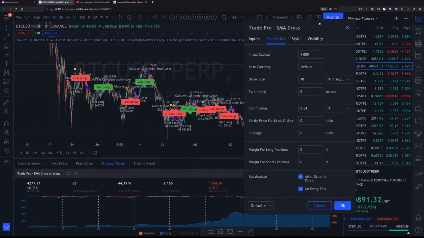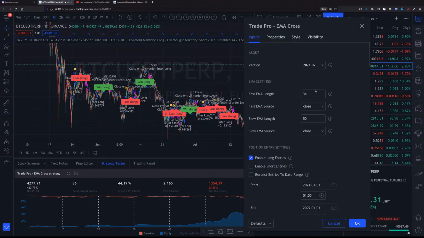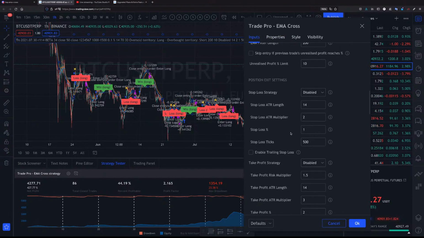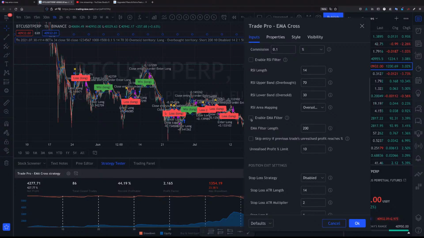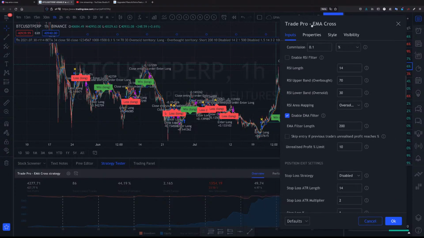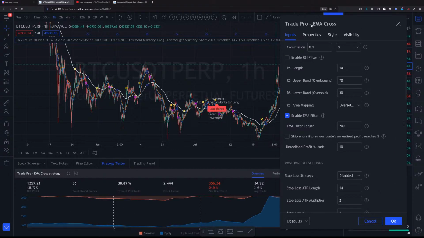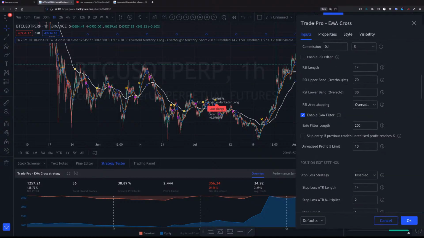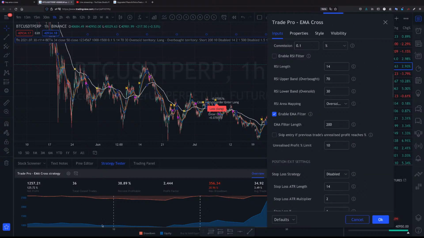Let's see if we use the RSI here. That's the one we did not, or the EMA filter. Let's see what's happening right now. Yeah, we get a reduction, but a very long one. This is not good. So many trades without anything.